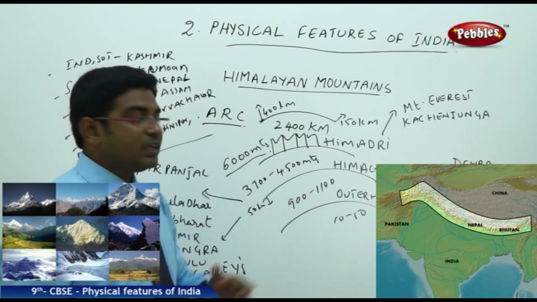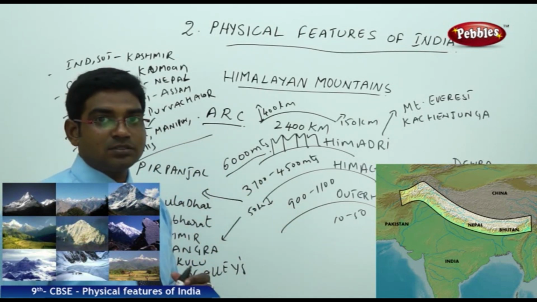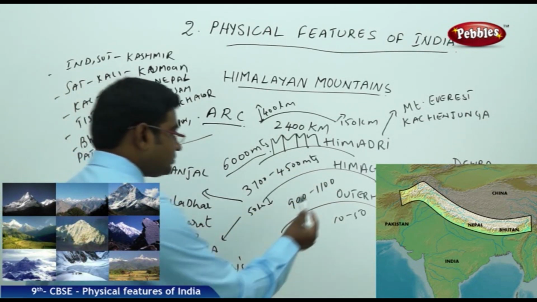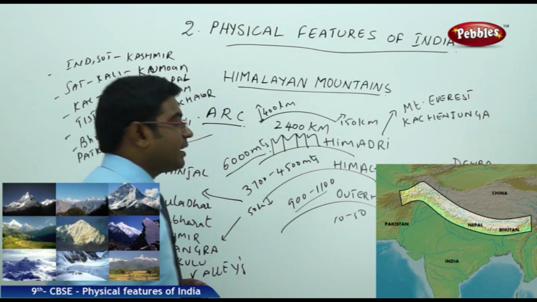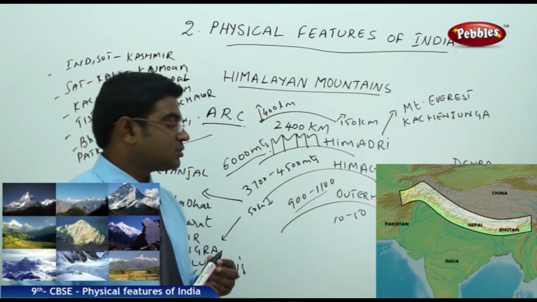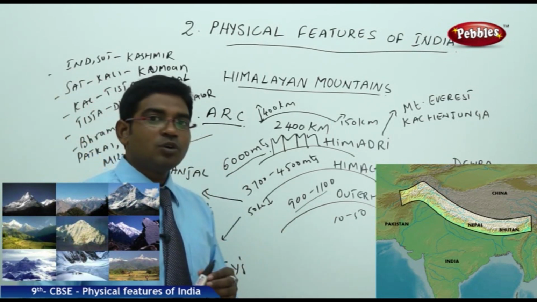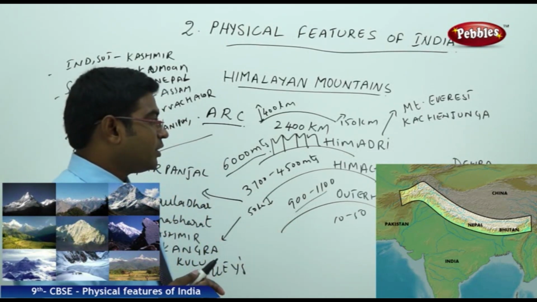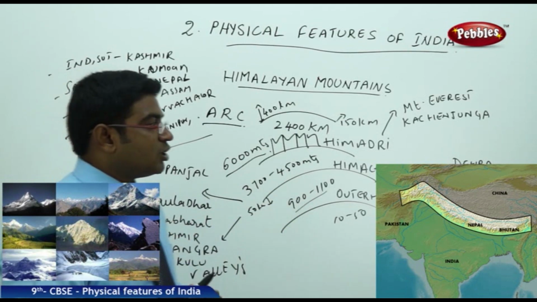And moving on to the last but not the least mountain range, the outer Himalayas, their average height is just 900 to 1100 meters and their width varies from 10 kilometers to 50 kilometers, where you find different dunes.